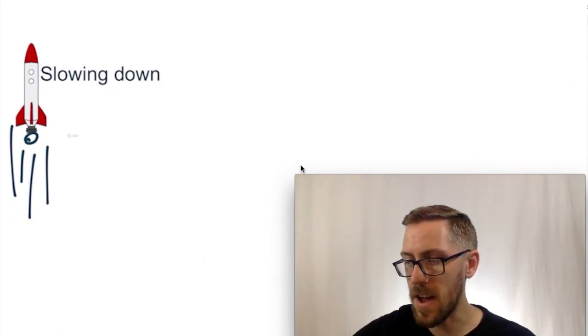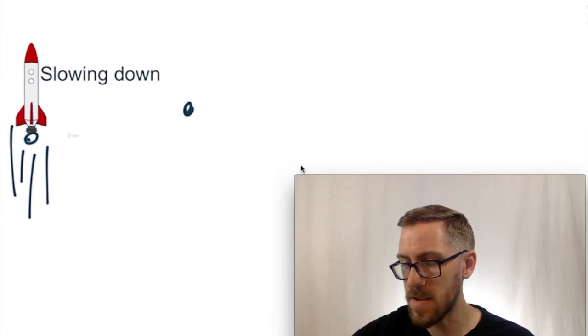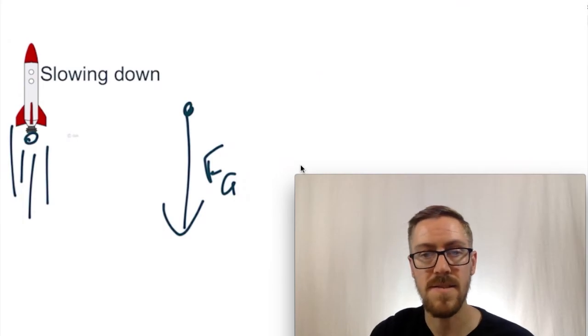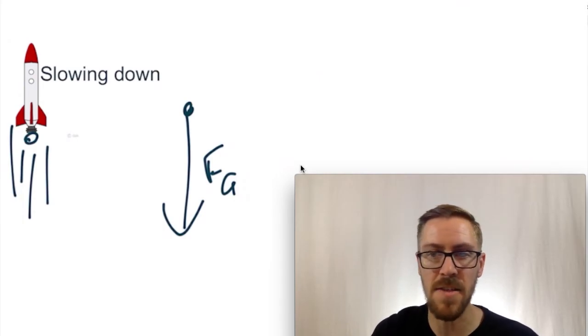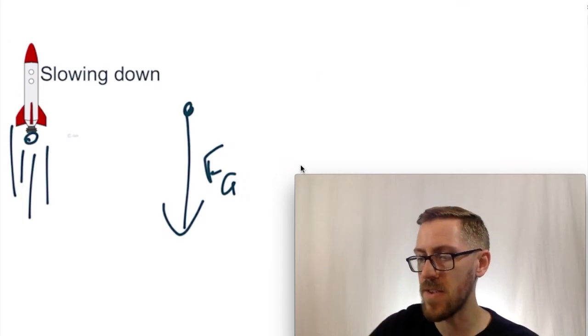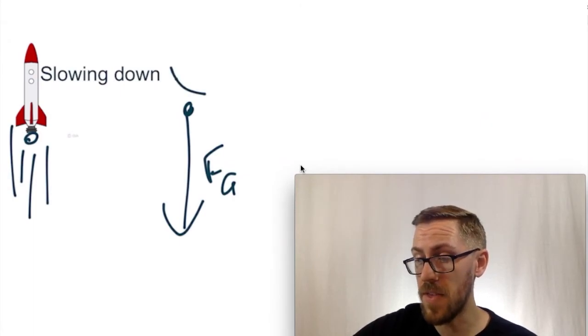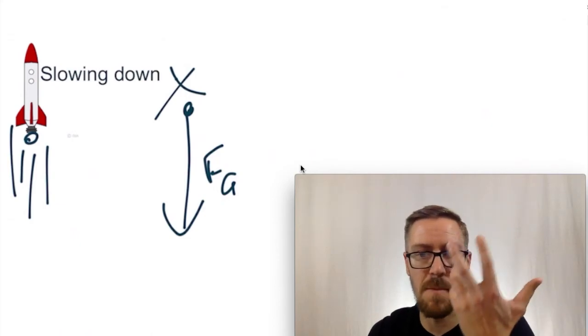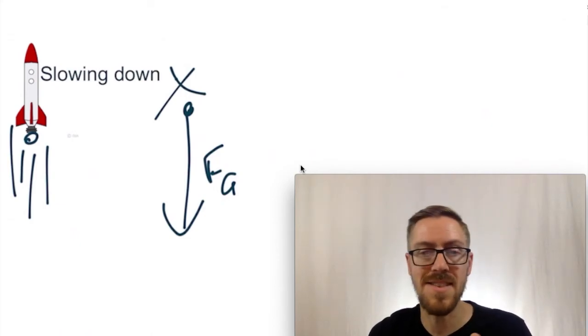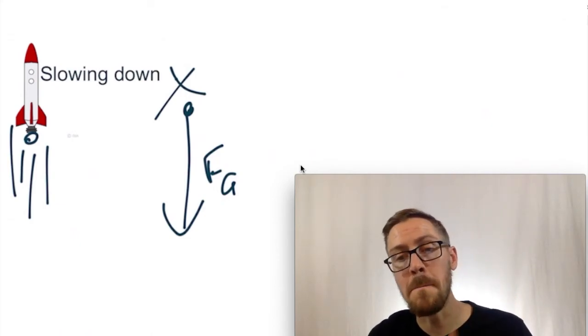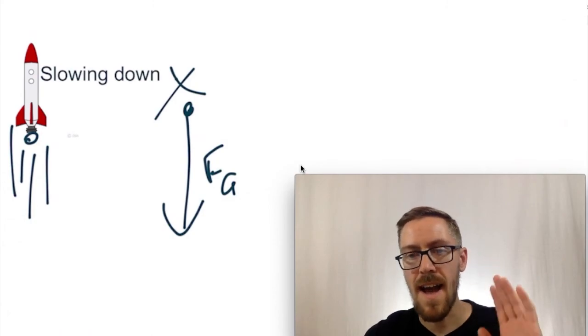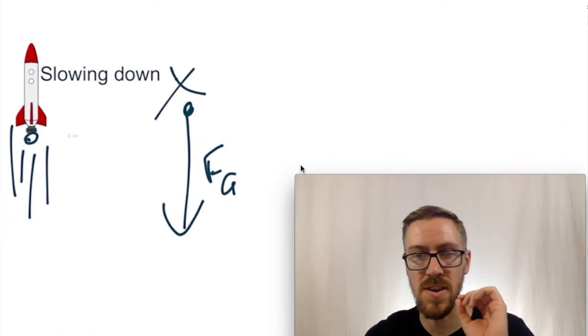And so our force diagram will look like F gravity, still downward unless you're out of the Earth's gravity field, and then there's no upward arrow, nothing here, because there's nothing that's pushing it upward. There's no rocket engine that's still on it. It's only moving upward because of inertia, and like we said in a previous video, inertia is not a force.